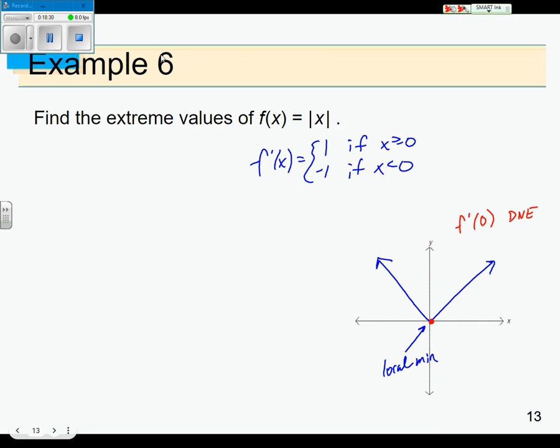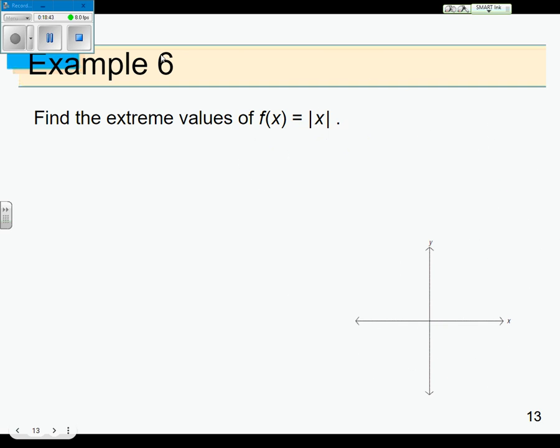I'm not allowed to have sharp corners there. So, did I just prove it? Maybe we just need a better definition of it. Okay, so let's hang on to that one, and then we'll come back to it and try to get a better definition for what's going on there.